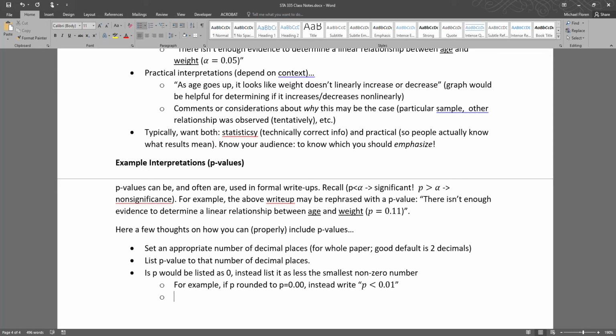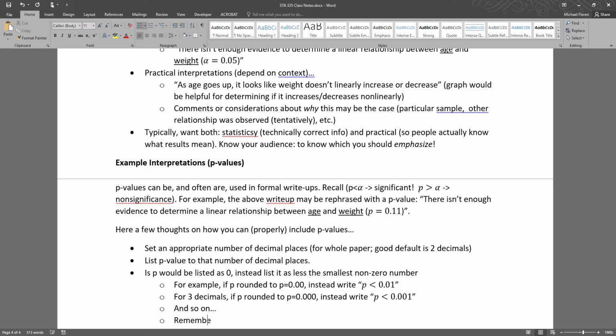Now let's say in your paper you were going out to 3 decimal places. So for 3 decimals, if p rounded to p equals 0.000, instead we would write p is less than 0.001, which would be the new smallest number that we could have at 3 decimal places.